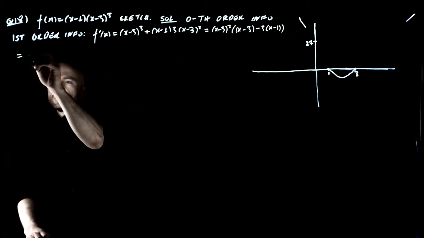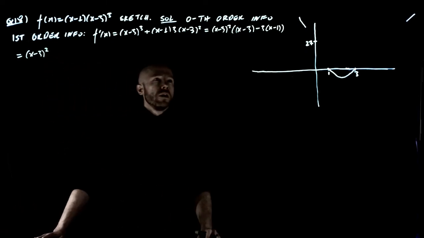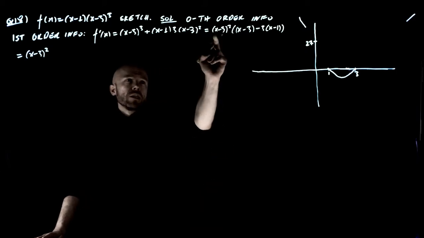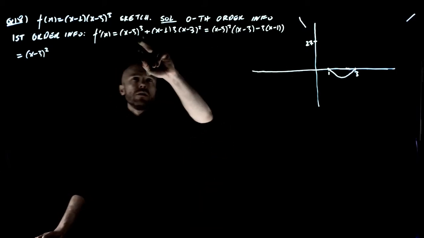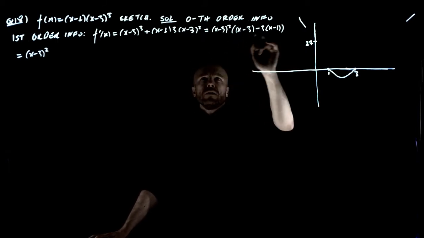And what's that? Let me check, I didn't get this wrong. Yeah, I don't think it's a minus. So we factor out x minus 3 squared. We're just going to have x minus 3 here, and this is not a minus, it's a plus.